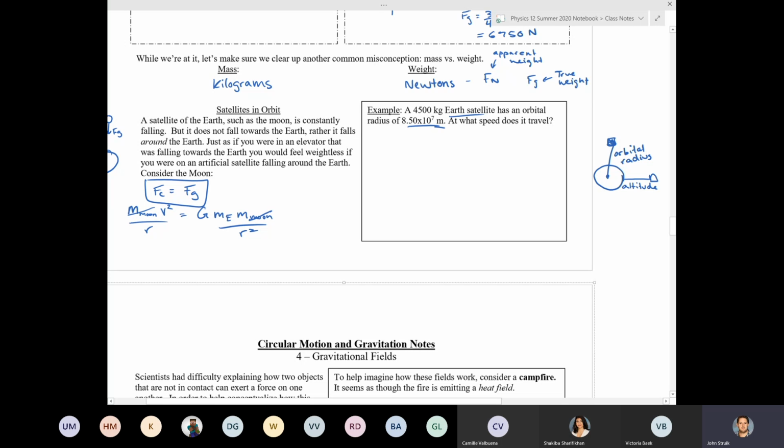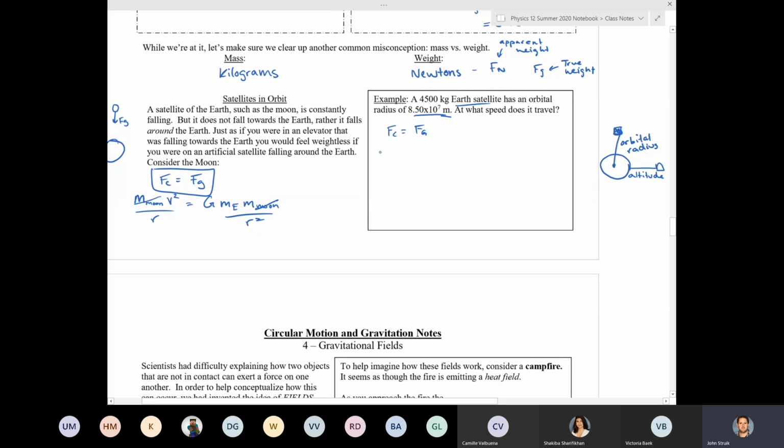I drew the picture over here, so I'm not going to do it again. But in this case, our FC is equal to FG. So we go m v squared over r, just like I did over there, equals G M m over r squared. Now, one of these masses is the satellite itself, so we can cancel that out, and then we're left with the mass of the Earth.